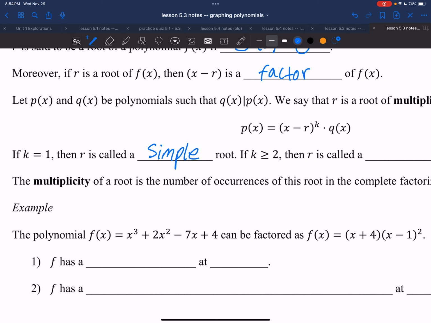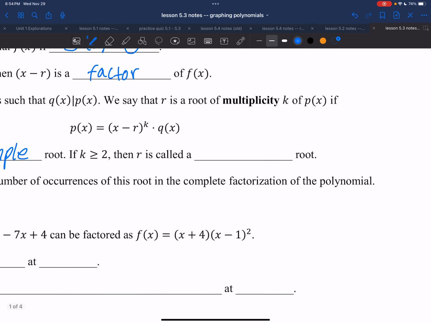This is most of the roots you've encountered so far, but you've encountered other kinds of roots. In particular, you've counted double roots with parabolas. So if k is 2 or more, then r is called a multiple root. So multiple. You could also say repeated, okay?